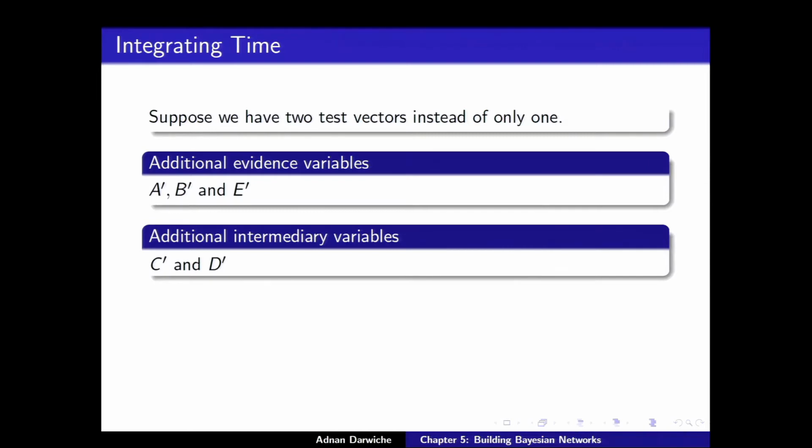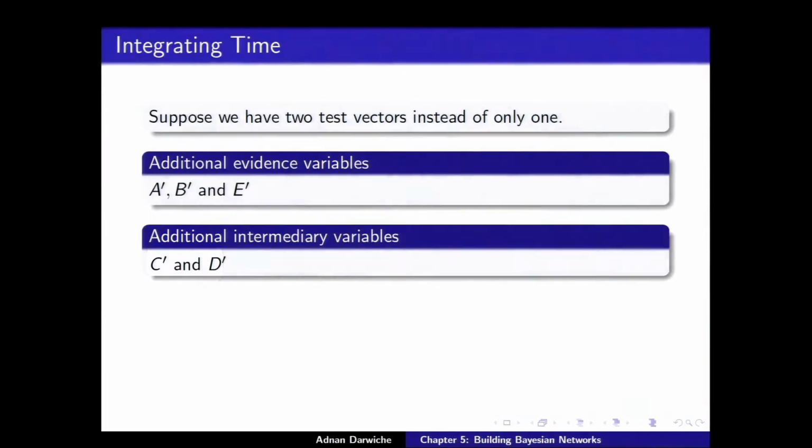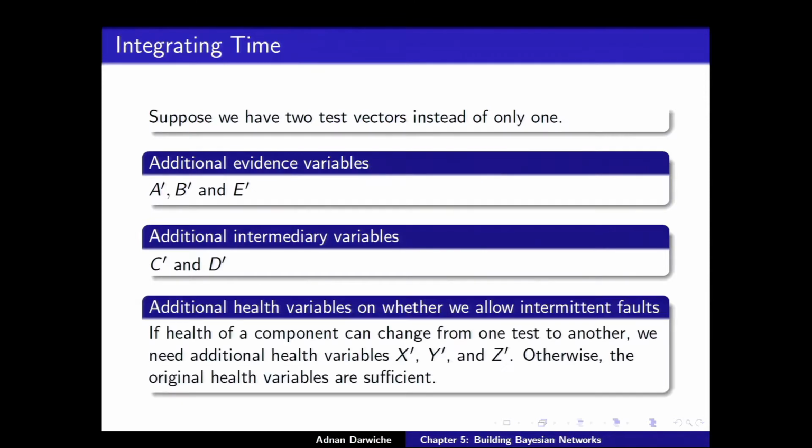And as you will see, we will also introduce these additional variables, C' and D', as intermediary variables. But basically, you can think of it as we need 2 versions of the circuit, one during the first test vector and the other during the second test vector. And let's see how this is going to look.